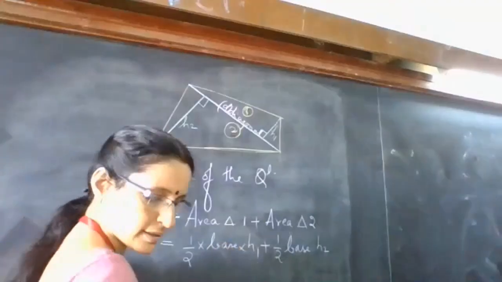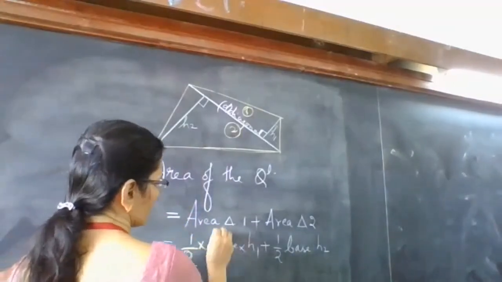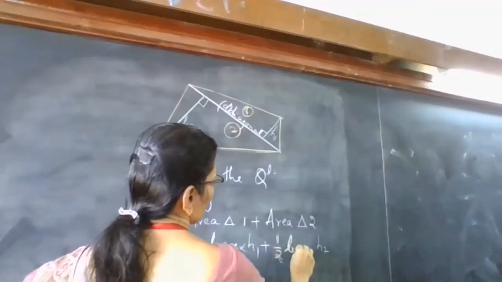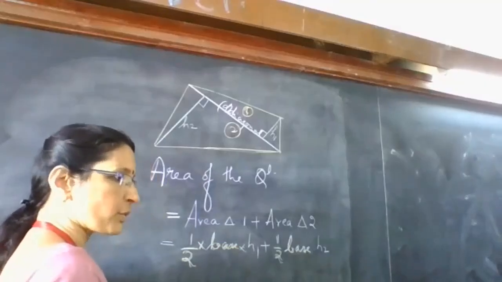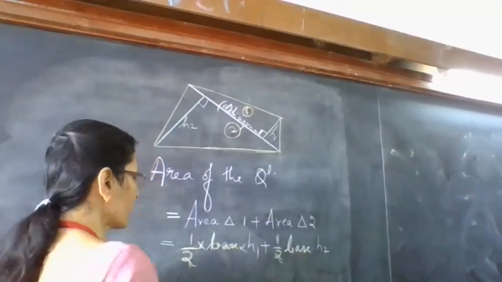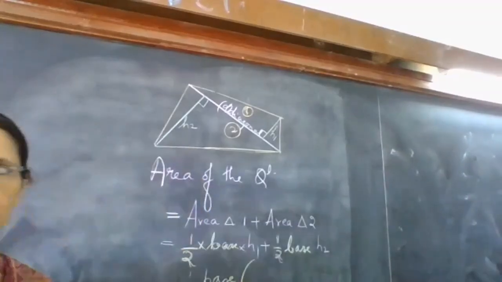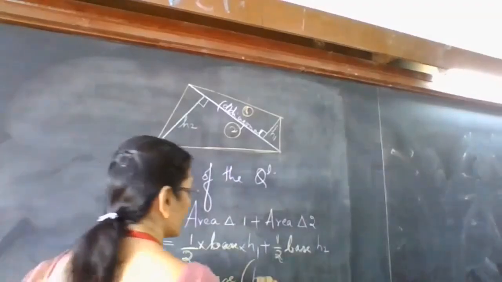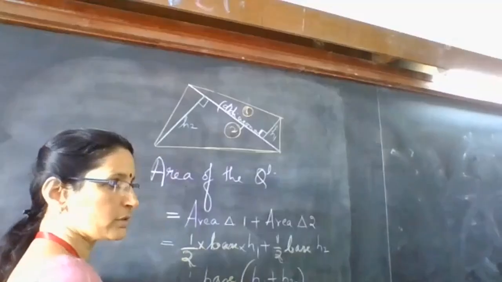Half into base, if I consider this as common: A into B plus A into C is equal to A into B plus C, the distributive property. So if I take out this half into base and write something inside, what will be there? H1 plus H2. Correct, no?